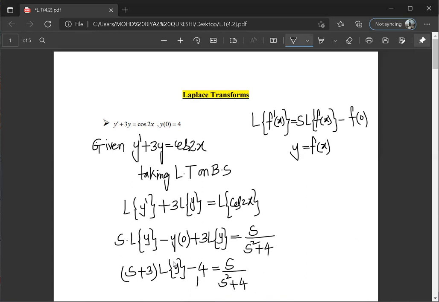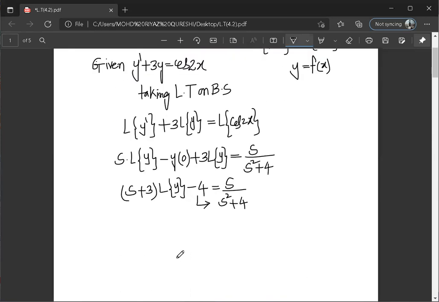Now simply we can bring this minus 4 to that side. So we get s plus 3 into L of y is equal to s over s square plus 4, plus 4.